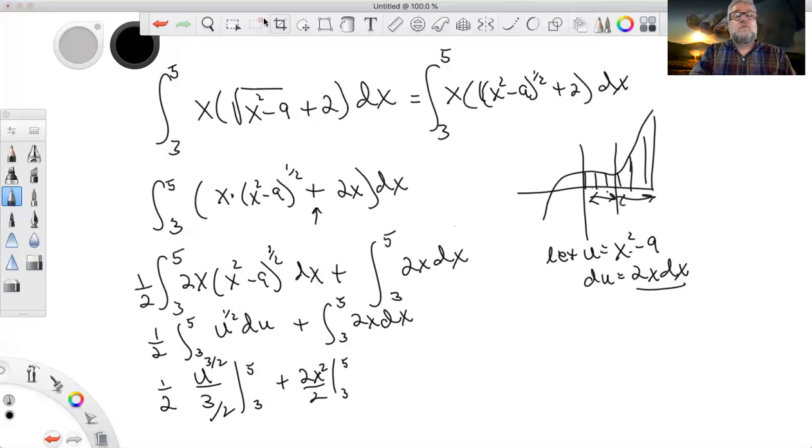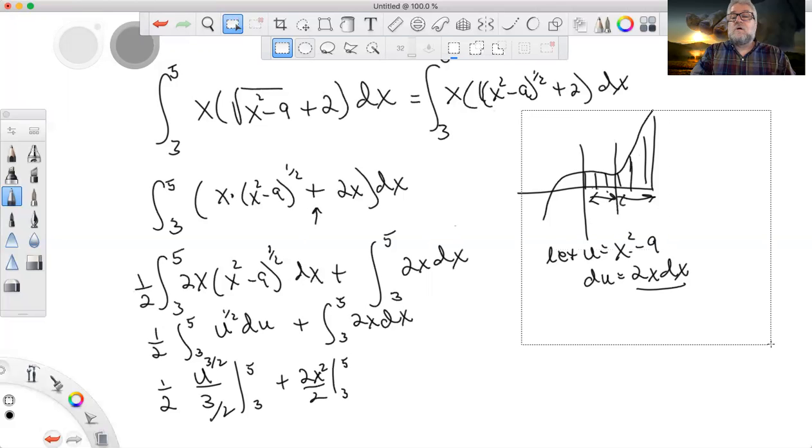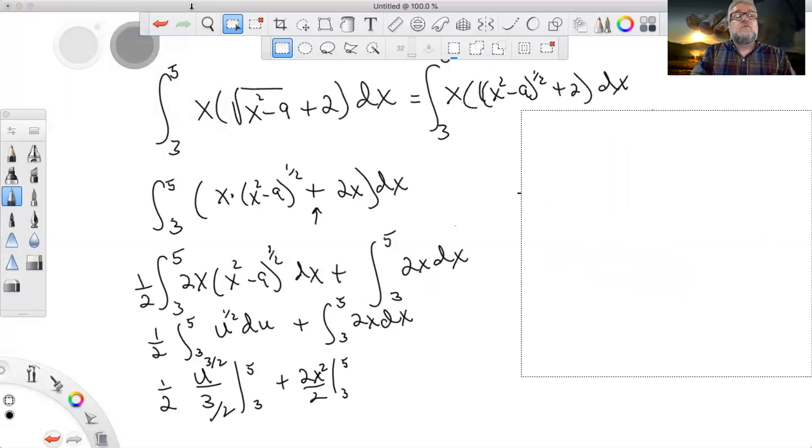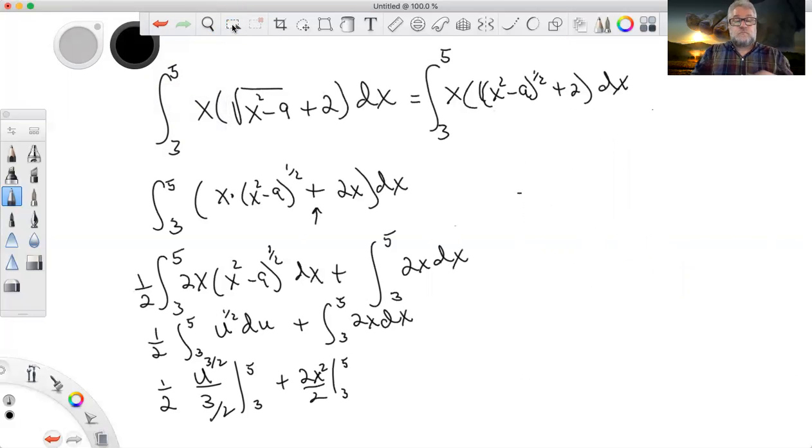Now I need to make some more room. So we'll get rid of that and move over here. So the first piece of this is 1/2, the 3/2 will flip and become 2/3, and the 2's will cancel.